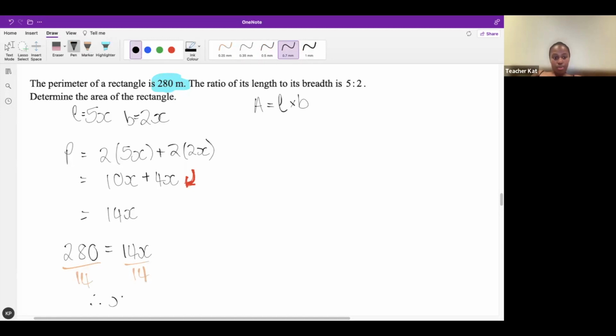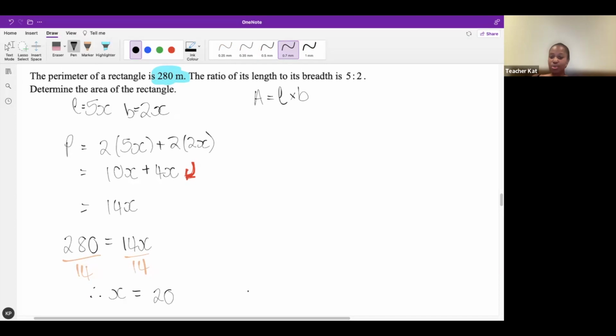Therefore, my x is equal to 20. Now, is the x the length or the breadth? No. X is x. What do we have to do to find the length and the breadth? I'm looking for a secret word that starts with S. Special word. What am I going to do with x equals 20? Substitute.